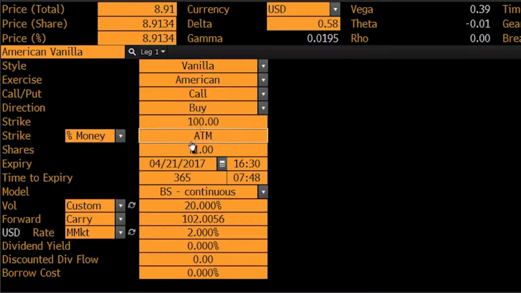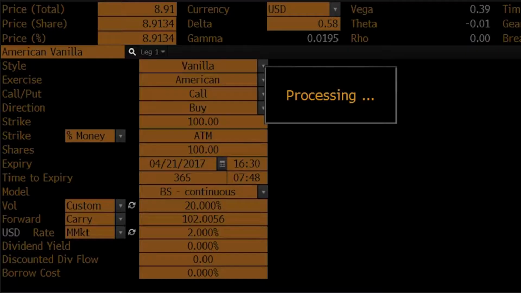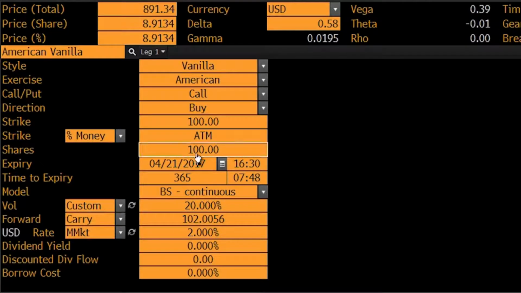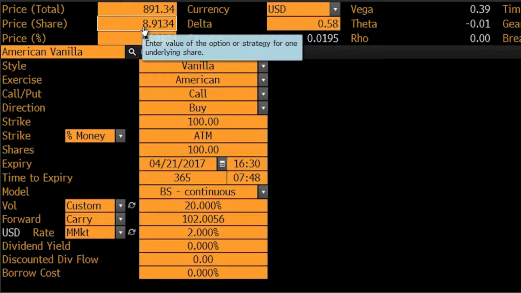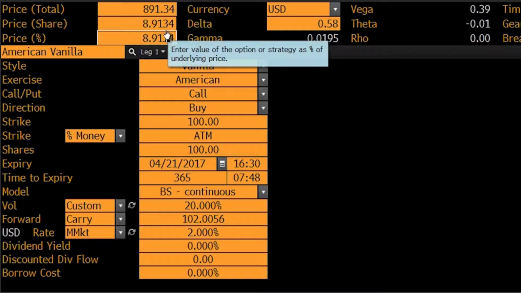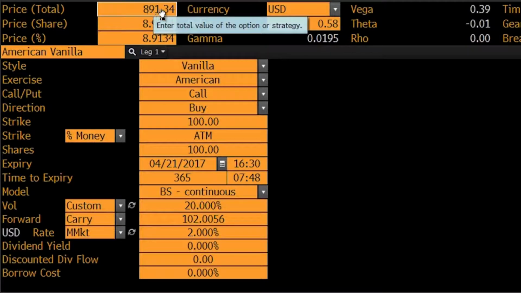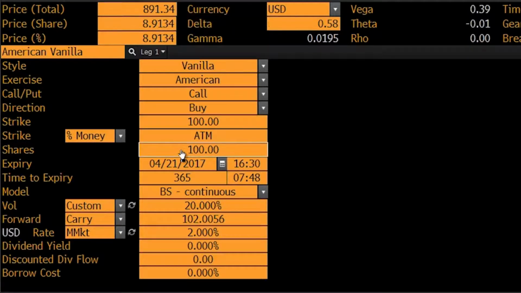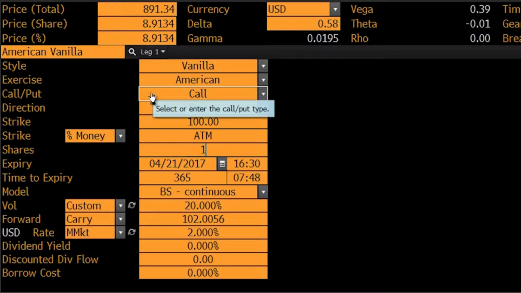The other thing about listed options is the number of shares is normally 100. So each options contract in a listed option would be worth 100 shares. So per share, the option would be $8.91, but to buy the whole contract, it would cost you $891. Okay? Now I'm just going to put that back as a 1 multiplier for the moment.